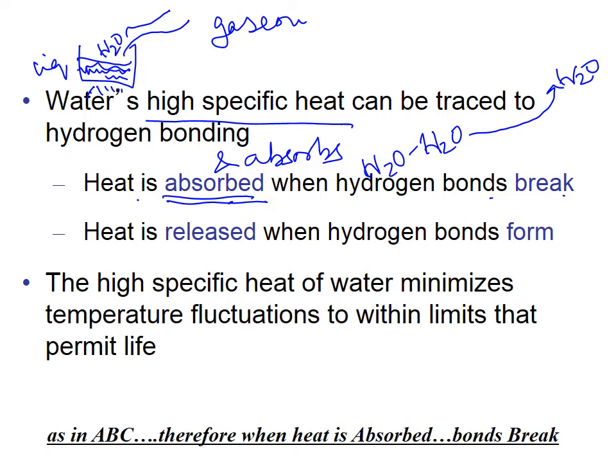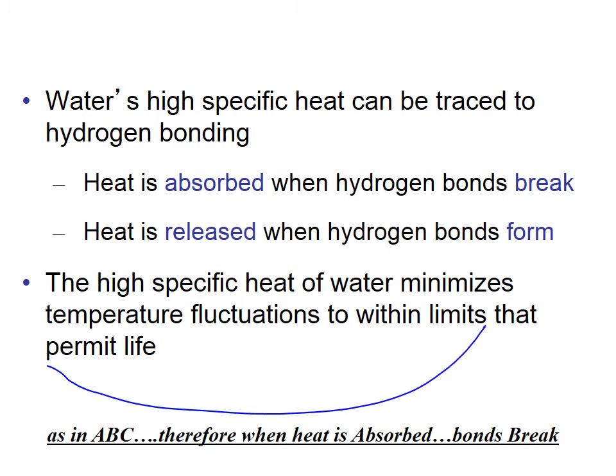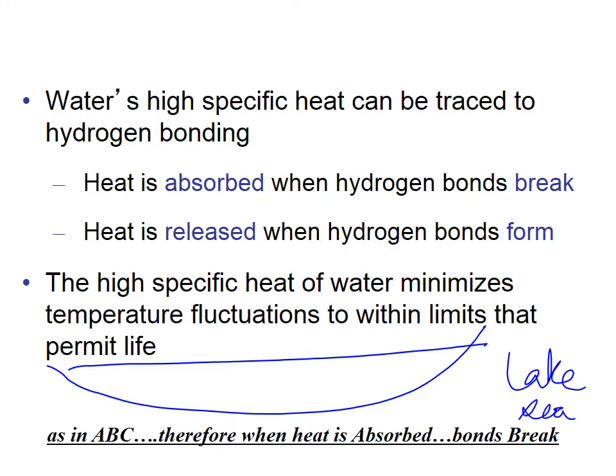The high specific heat of water minimizes temperature fluctuations to within the limits that permit life. Now what does that mean? Suppose you have a huge body of water, a lake, or you can call it the sea or anything, a big body of water.